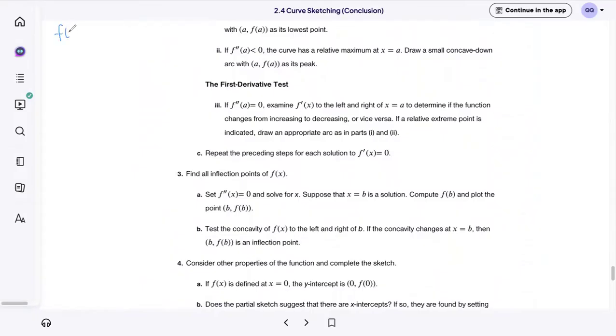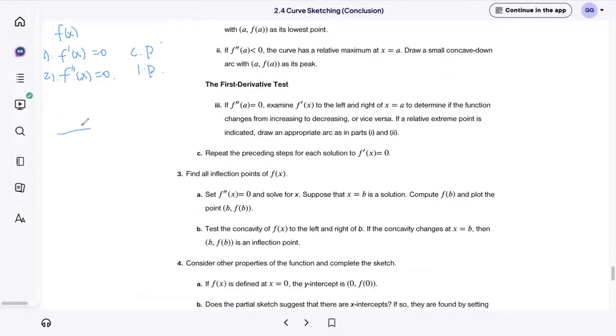Given f of x, the first step is to find f prime of x, set it to 0, and find the critical points. Second, we find the second derivative, set it to 0, and find the inflection points. Once we have these points, it depends on how many we have, right?